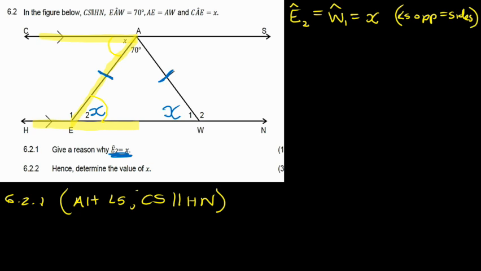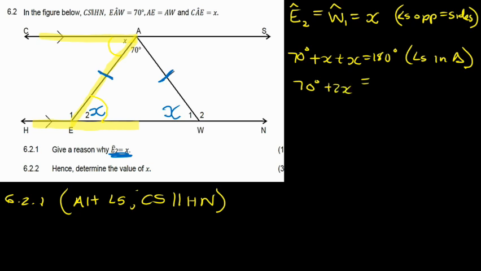Now we can say 70 degrees plus 2x is equal to 180 degrees, and the reason for that is angles in a triangle. Now we can solve for x. Take the 70 to the other side, it will be 110, and therefore we divide by 2 on both sides. Therefore, x is equal to 55 degrees.